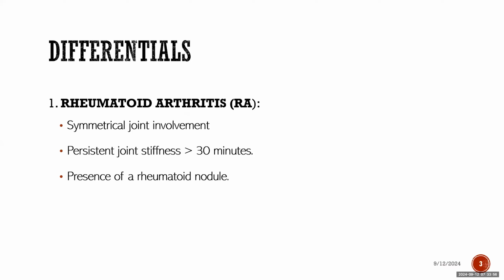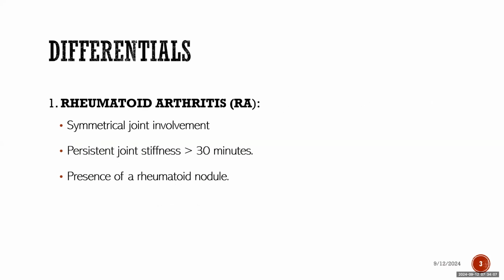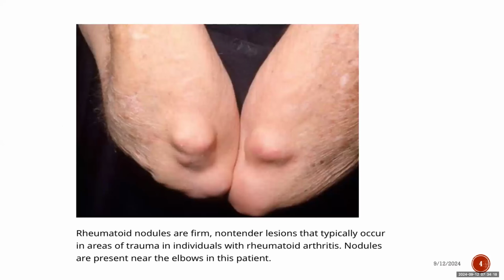And lastly, the presence of a lesion on the extensor surface of the elbows, which is one of the commonest parts where the rheumatoid nodule could also present. So on account of these three, rheumatoid arthritis is the differential. I just put this to show the rheumatoid nodules which could occur in the elbow of a patient.